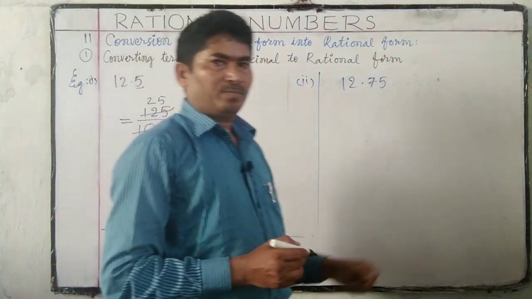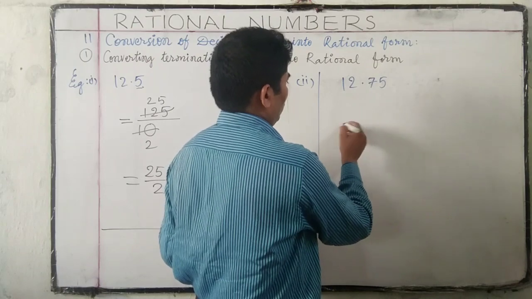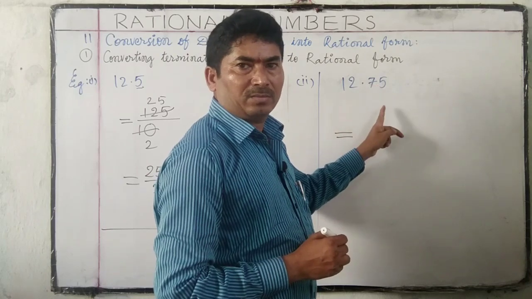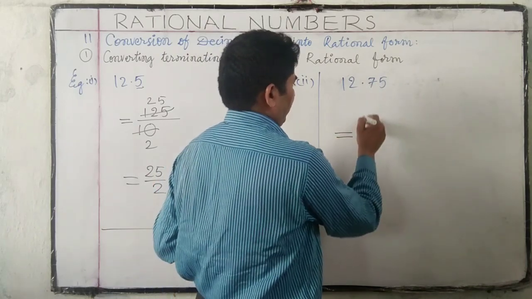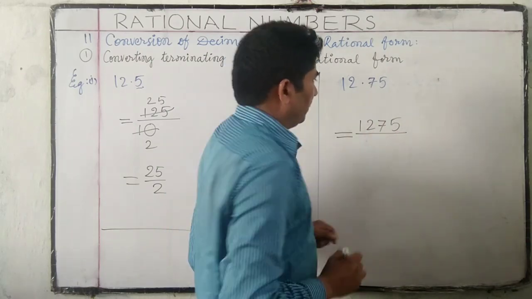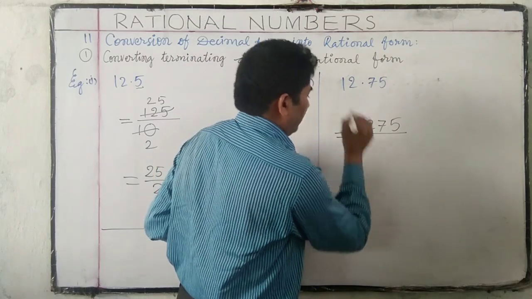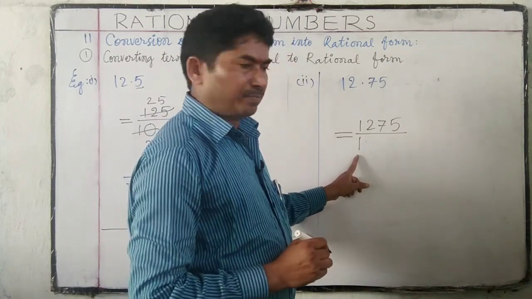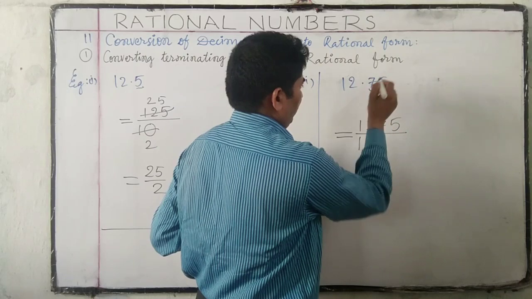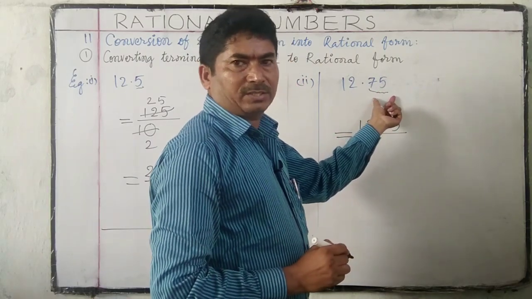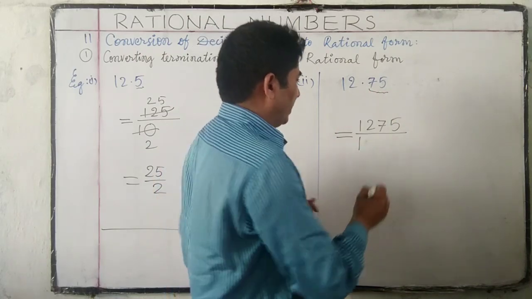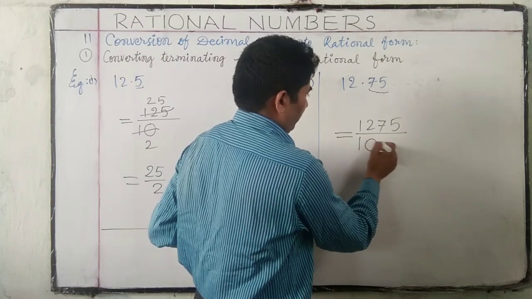Next, one more example, 12.75. First we write the given number without the decimal in the numerator, 1275. Write 1 in the denominator, and as many zeros after 1 as there are numbers in the decimal part.